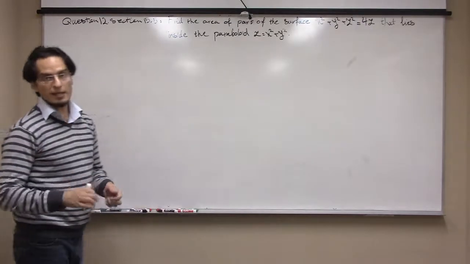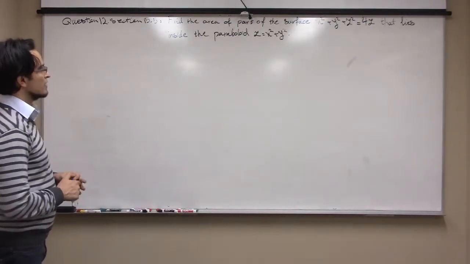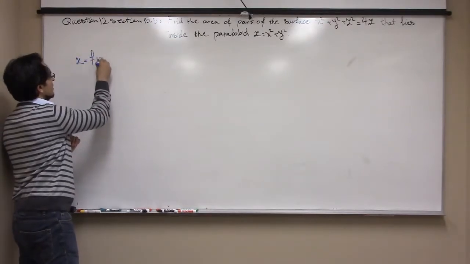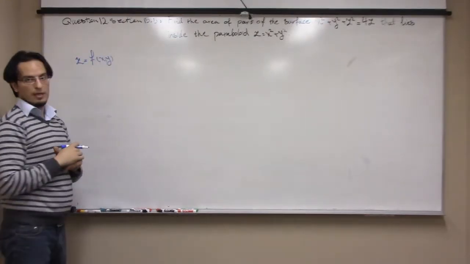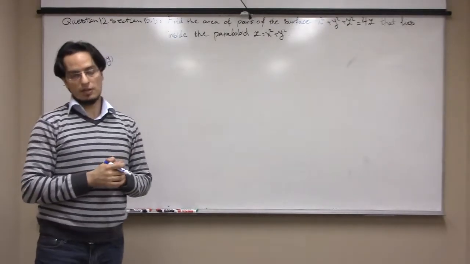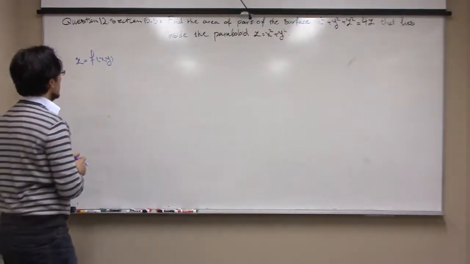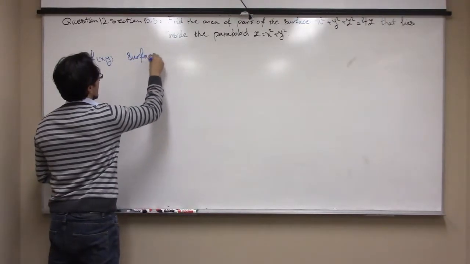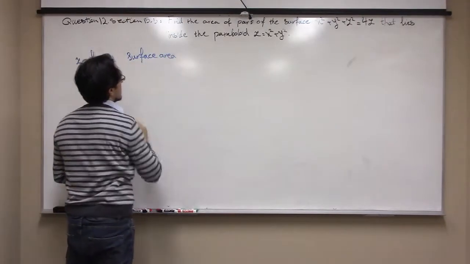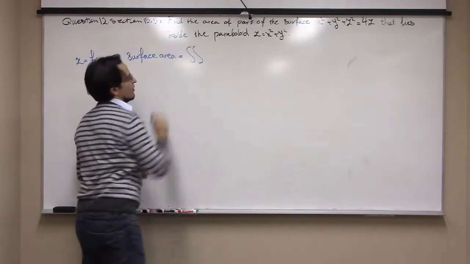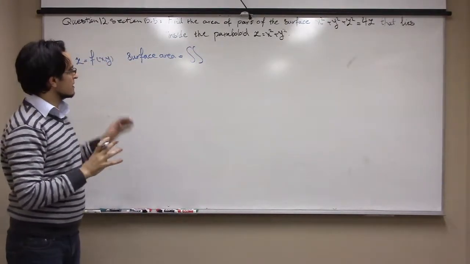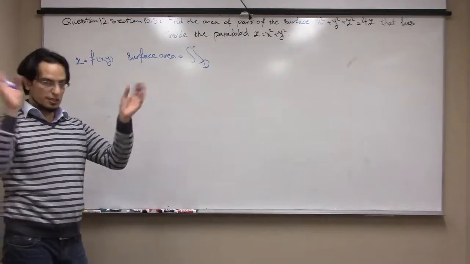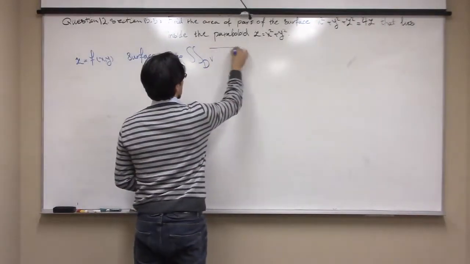So, a very quick review for the surface area. If a surface is given by a function of two variables, f(x, y), then the surface area of the part of the surface lying above the region D is given by this double integral.